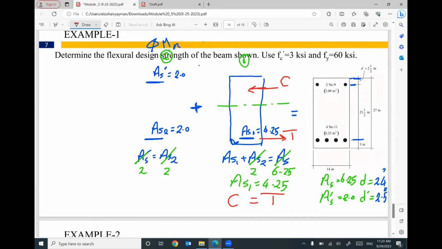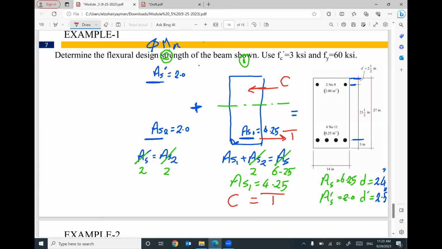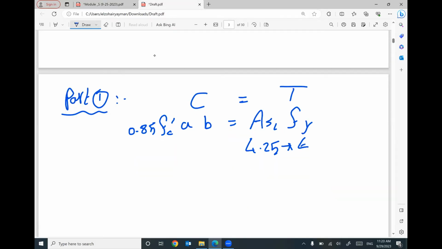Your area steel 1 in this part is 4.25. What is the value of F yield? I think F yield is given 60 KSI or 60,000. It's up to you. I will say 60, I'm sorry. Equal 0.85. What is the value of F prime C?